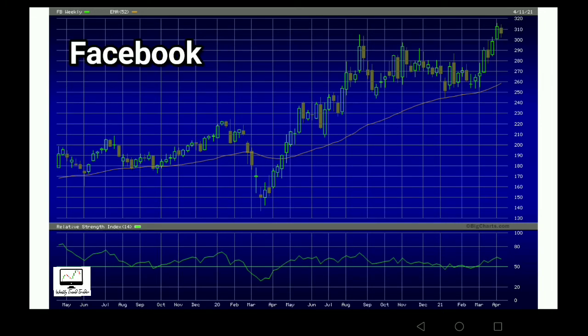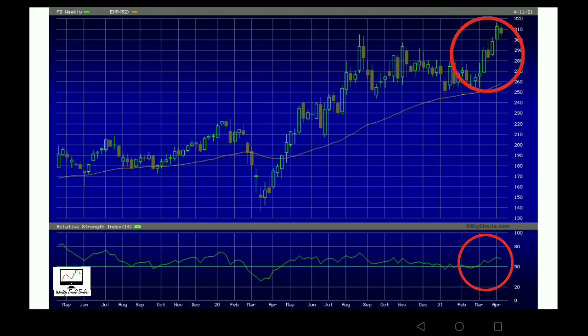Let's look at Facebook. Look at the bottom. There we are bouncing along the bottom in January and February. In March, we start to see the pattern rising off the 50 on the RSI, start to break away from that flattening bottom, that bouncing along the bottom that we had, and it starts to rise.